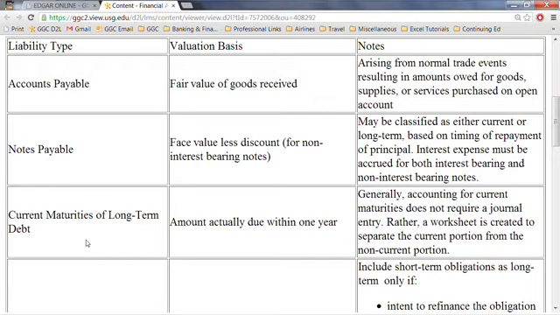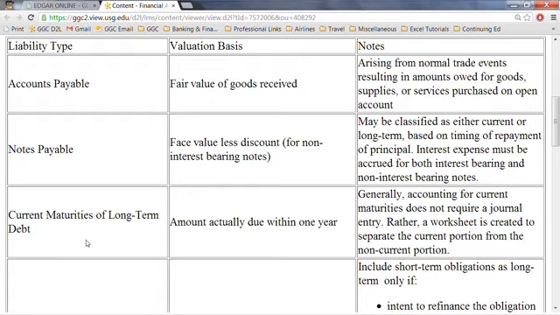We can also have current maturities of long-term debt. We can have all kinds of debt obligations, and we'll talk about those in more detail, such as mortgages, bonds payable, leases, and those types of things. For some of those long-term liabilities, we will have the requirement to make some payments in the short term as well as in longer periods of time.